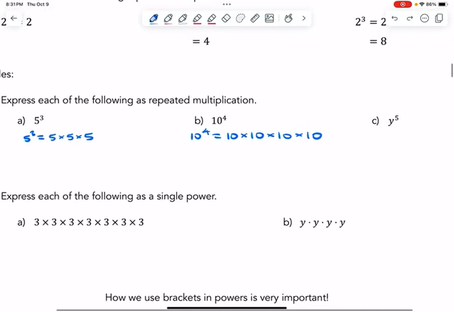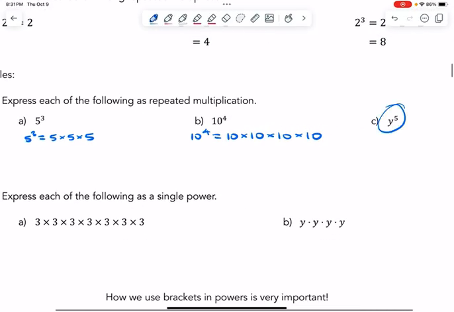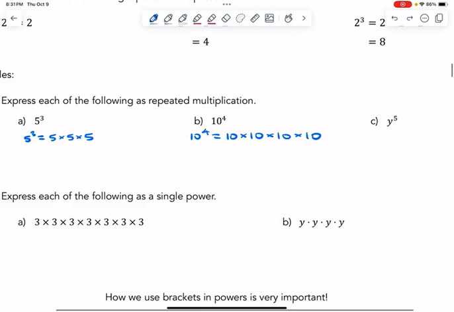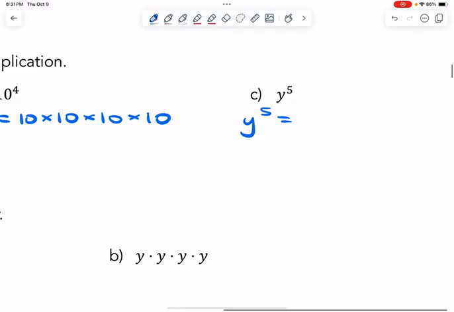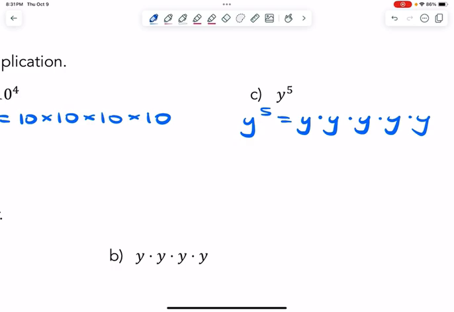Finally, we've got y to the power of 5. Y to the power of 5 is equal to y times y times y times y times y. And note we can use these different symbols for multiplication.